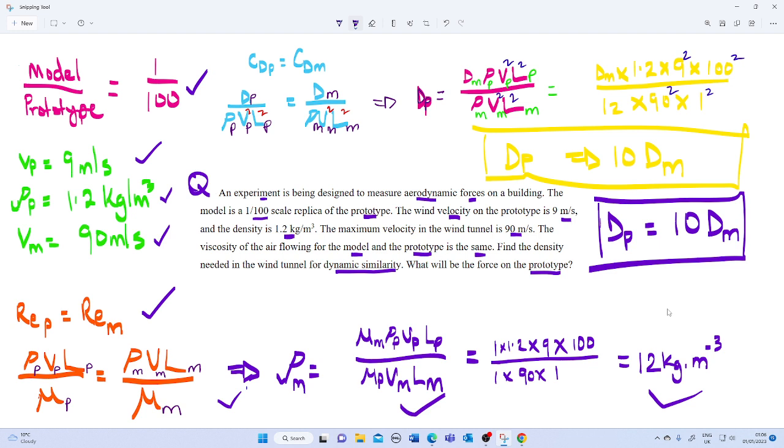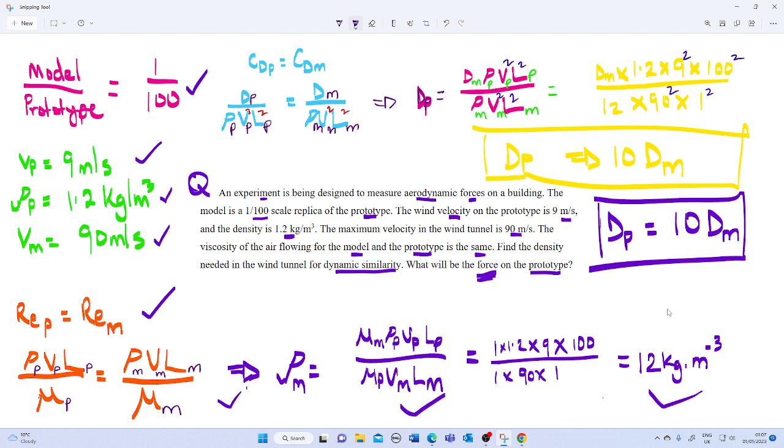Now that we have found the density needed for the model in the wind tunnel using the similarity method, the next thing is to calculate the forces on the prototype.